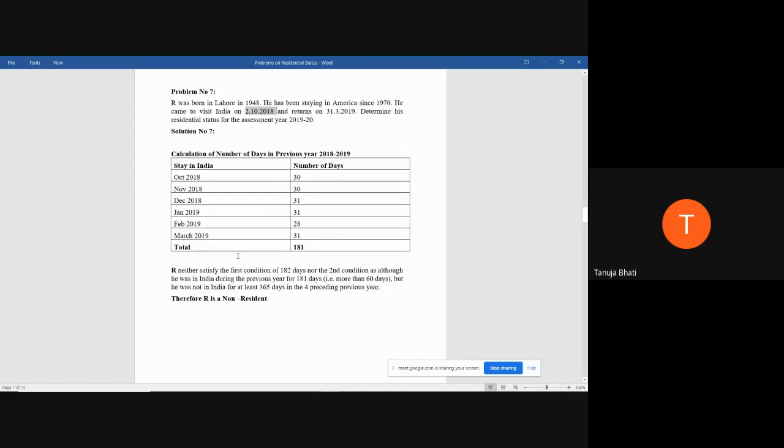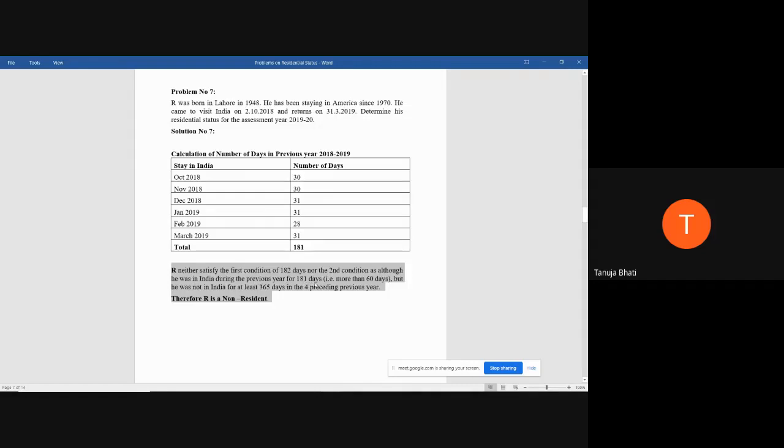So since he's not satisfying the first basic condition as well as the second basic condition, therefore he will be treated as, and he will be getting the status of, non-resident. So see here, R neither satisfies the first condition of 182 days nor the second condition, as although he was staying in India for the previous year for 181 days.